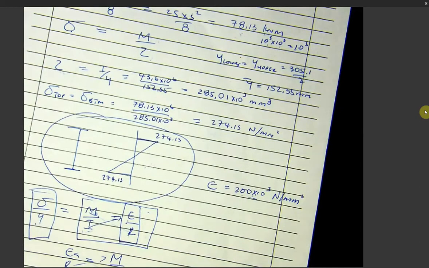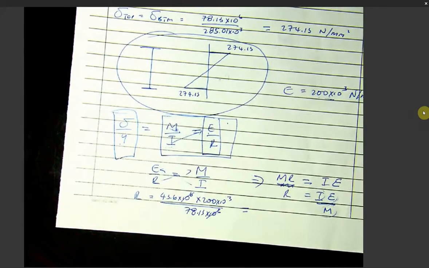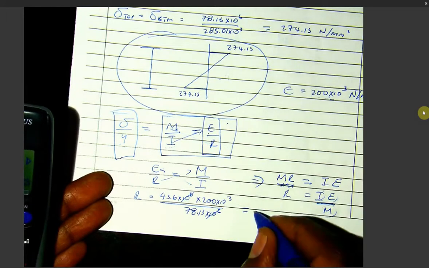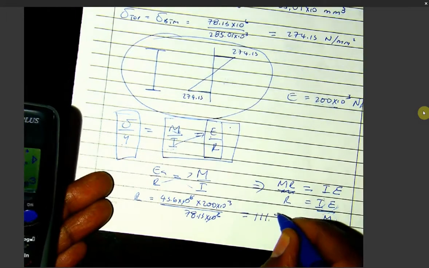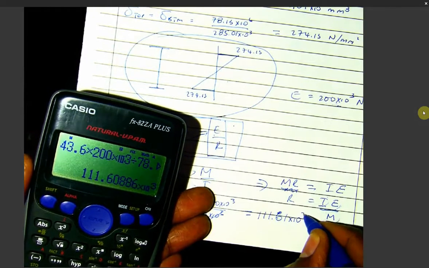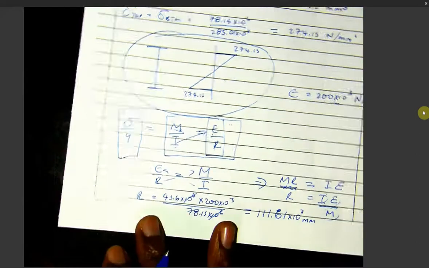What is the radius of curvature? Obviously it's going to be a very big radius, in millimeters. 43.6 times 200 exponent 3 divided by 78,13 is 111,61 times 10 to the power 3 millimeters. That's the radius of curvature for this section.